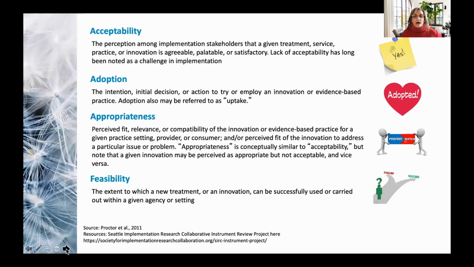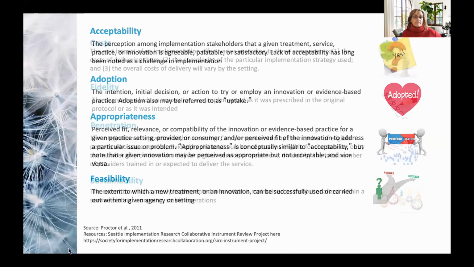Are they intending to adopt it? Do they see it as appropriate for their setting or for the type of provider they are or for the sort of consumer or patient that's receiving it? So appropriateness and acceptability are similar but different. To what extent is the new intervention or treatment feasible? Can it be feasibly used or carried out in that particular agency or setting?